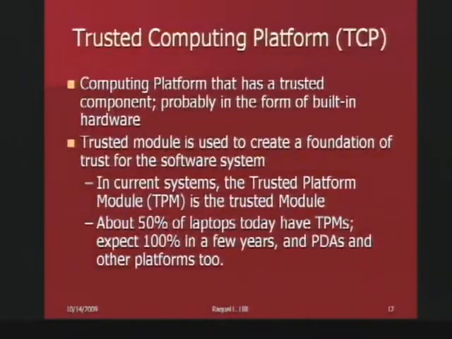Not trustworthy, because we haven't evaluated the trustworthiness, but trusted in the sense that we have this isolated execution environment, and the only way you can access the keys is to tamper with that hardware. Okay. Trusted computing platform, and so we talked about this in the form of some built-in hardware.